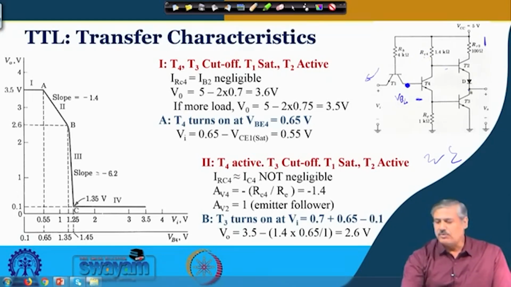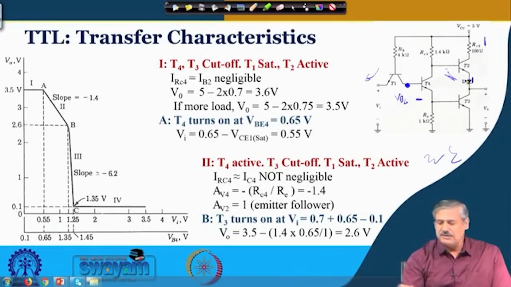Accordingly the output voltage will be the drop across this diode and the drop across this transistor base emitter junction. Typically it is 5 minus 2 into 0.7, 3.6 volt. For a large amount of current drawn by the load, both of them can go into saturation, and at that time these two drops will be 0.75 volt or so.